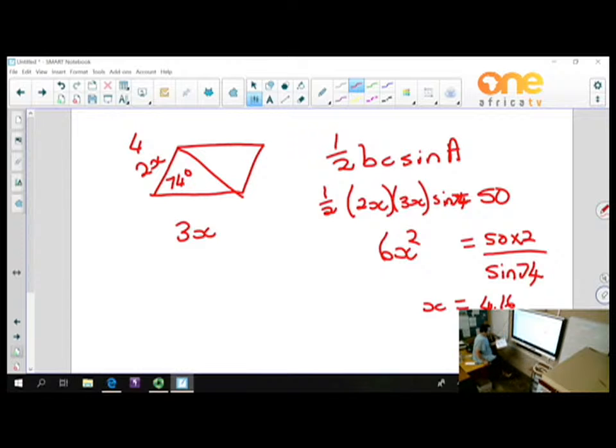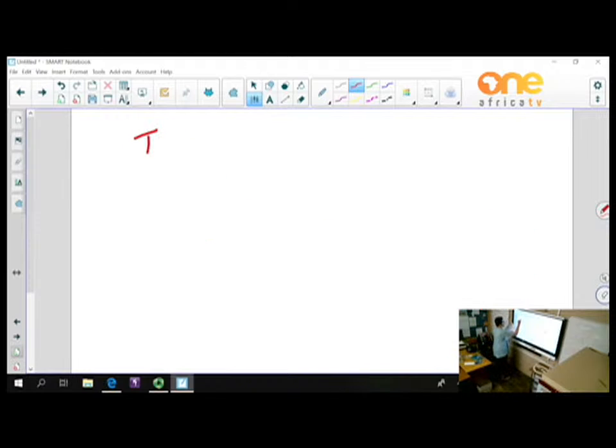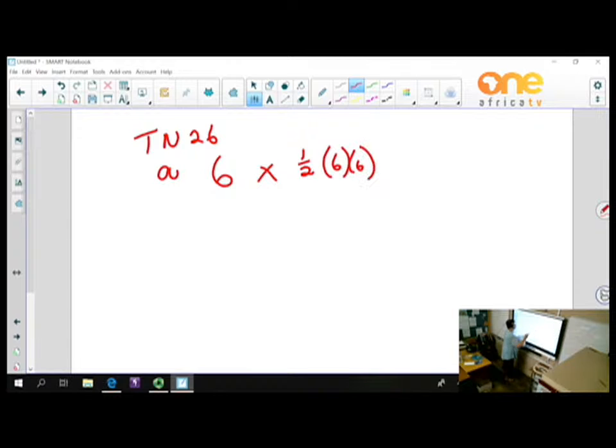Right, and the last part is then try now 26. A regular hexagon. The first one is a hexagon, number A. So we know that it will be 6 times the area of one triangle, and that is then a half BC, which is 6 times 6, the length of the side, the radius, and then sine 60 degrees.